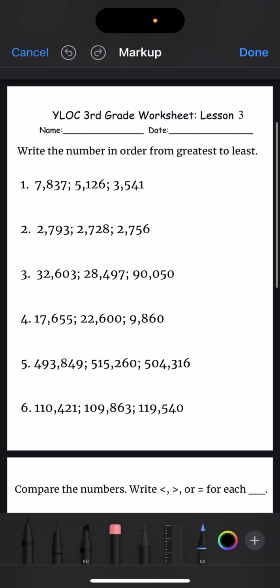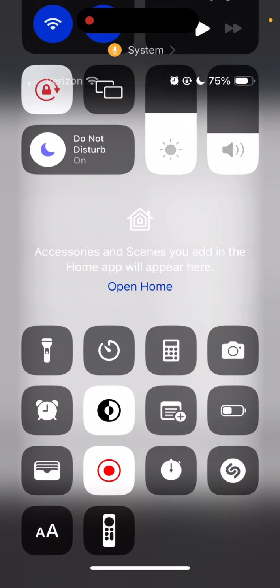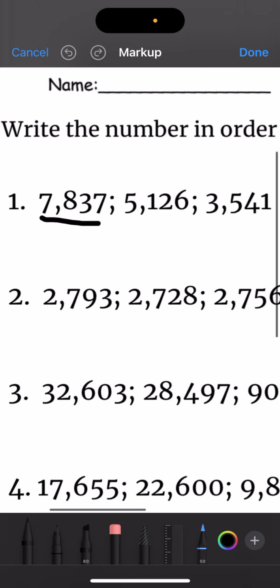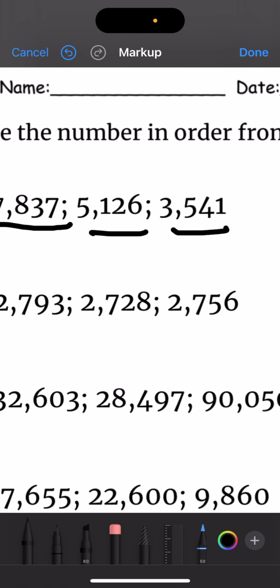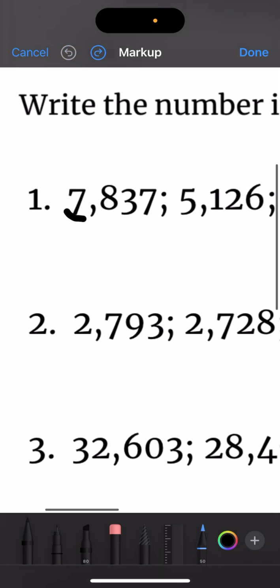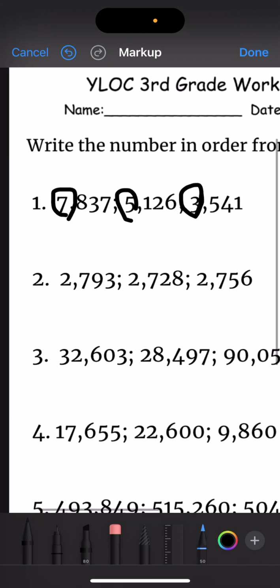Let's get started. Write the numbers in order from greatest to least. Okay, so number 1, we have three numbers: 7,837, 5,126, 3,543. Let's do the thousands because all three numbers are in the thousands.